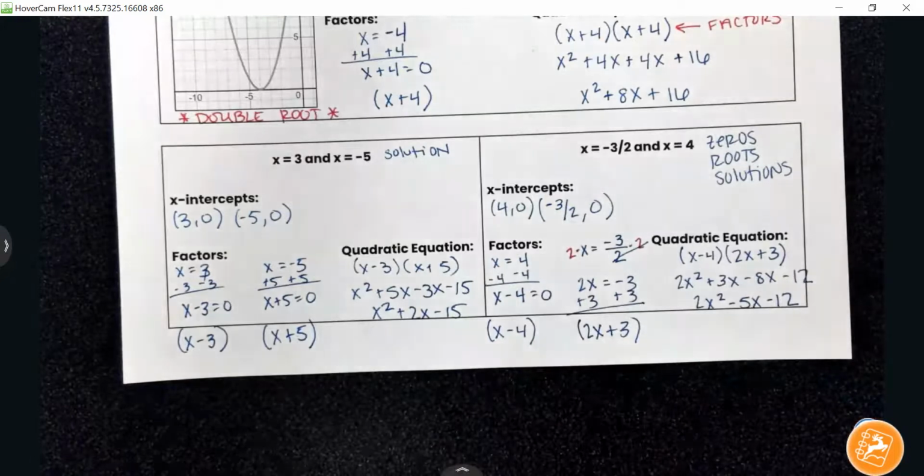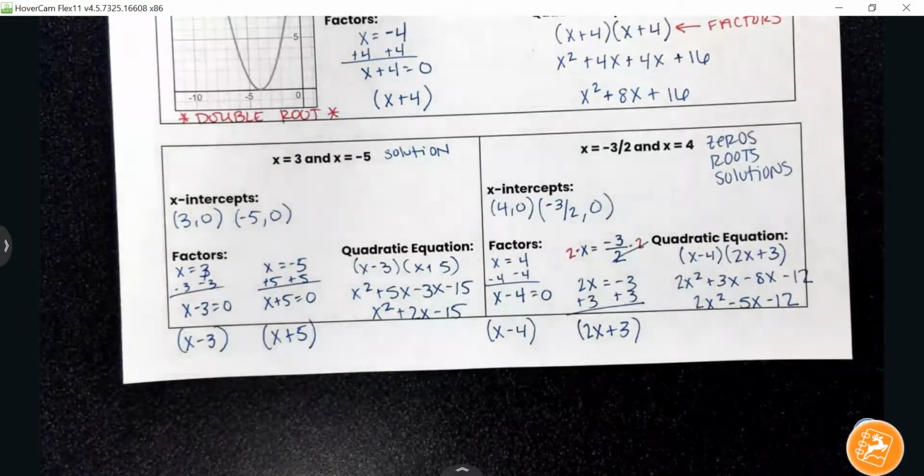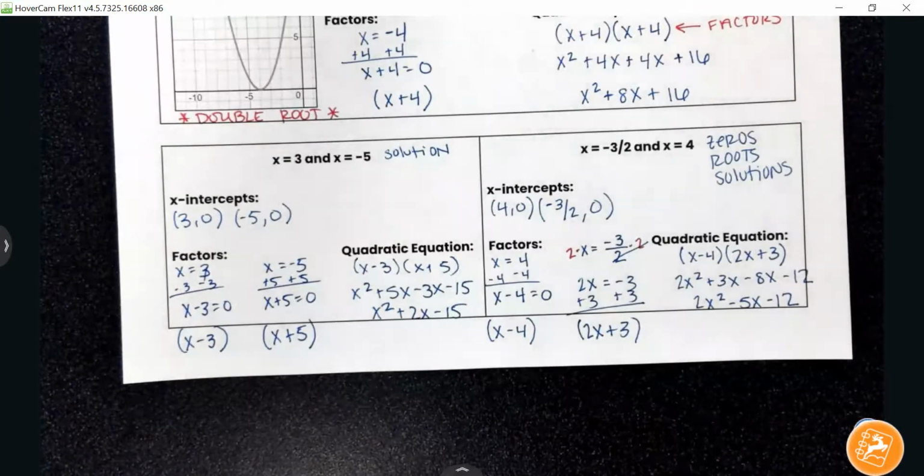Look up and check your answers. So the trickiest part about all of this is what?